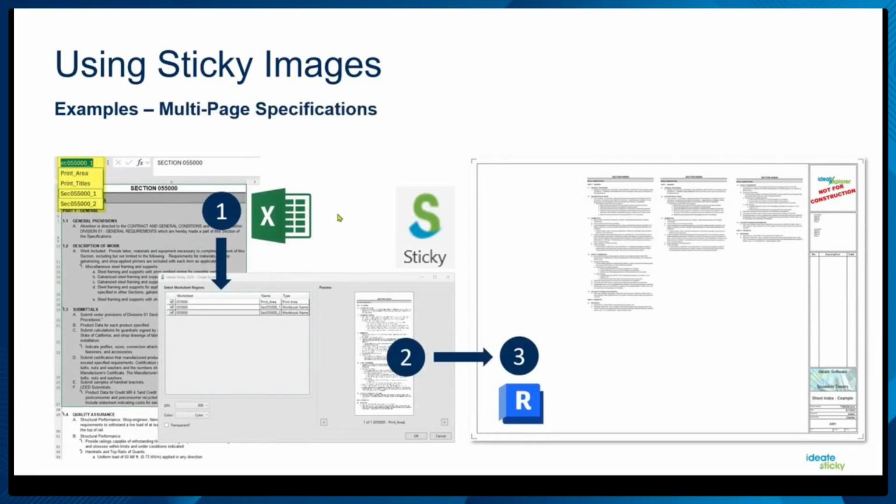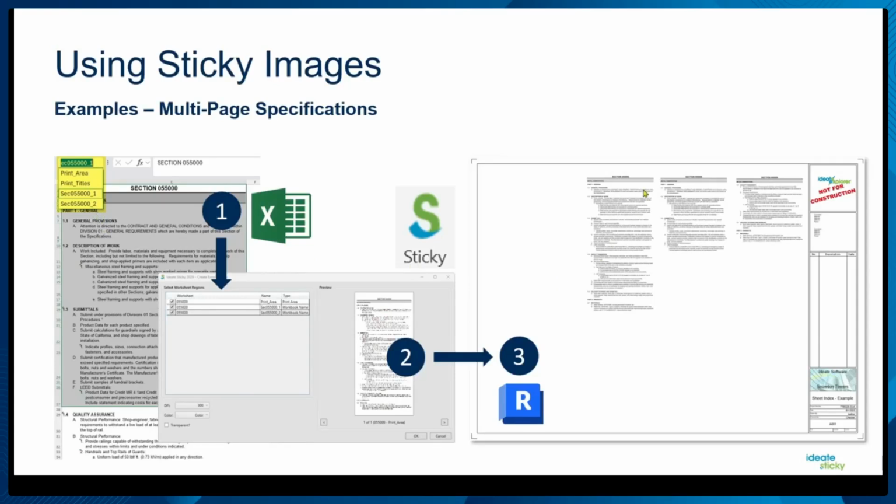Another use case for Ideate Sticky is to include some general notes that may be relevant to the title block. Okay, so here you can see over in the left here, we can control the region of the notes that we want to target. So in this example, we have several sections that we've targeted inside Excel.